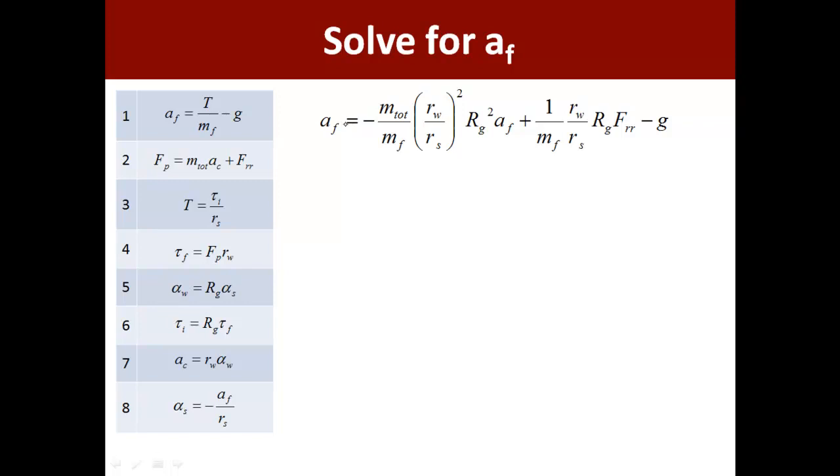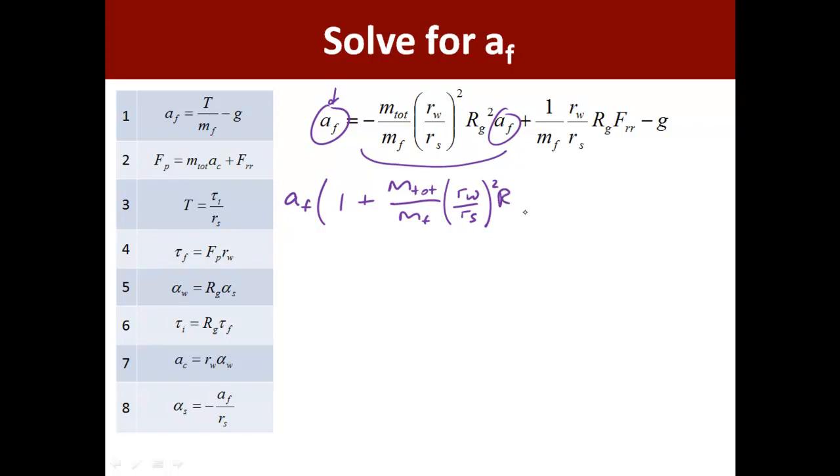Like I said, we have two AFs in our equation and we need to get those together, so I'm going to move this whole term over to the other side, and we will have AF times 1 from that AF plus M tot over MF, RW over RS squared, RG squared, and that of course was from this term, and that is equal to 1 over MF, RW over RS, capital R sub G, FRR minus G.